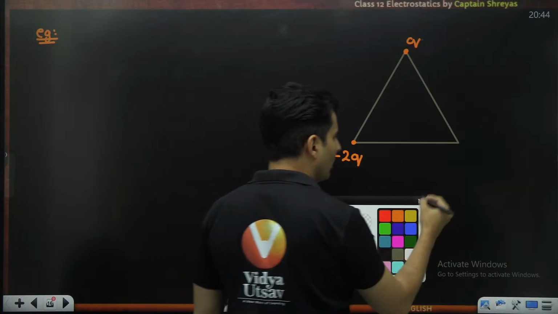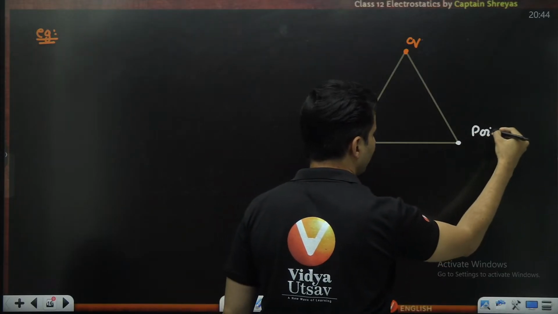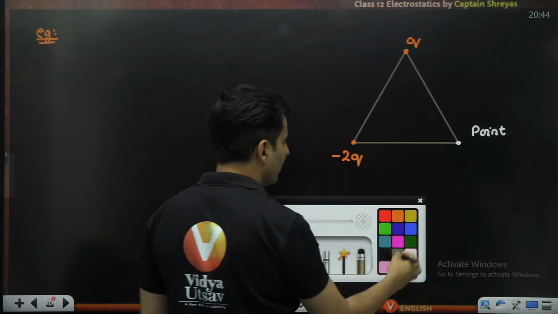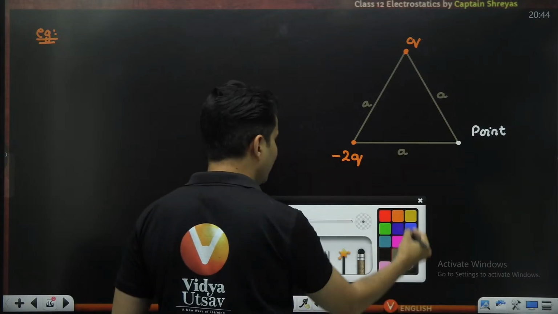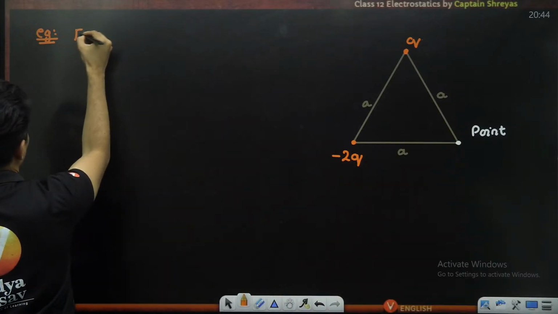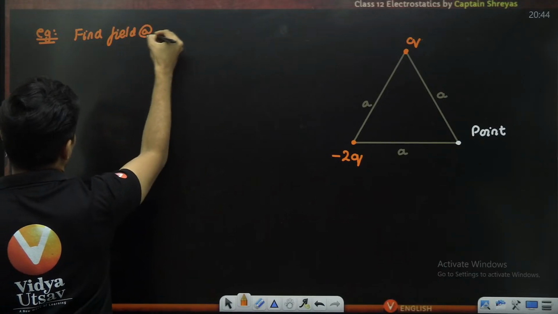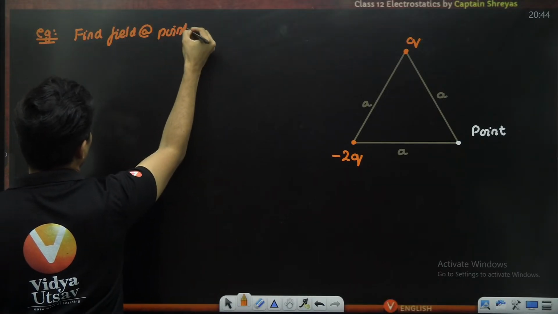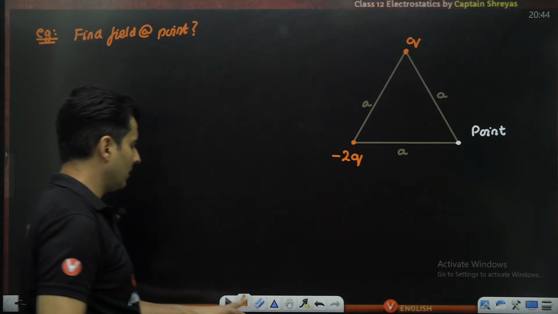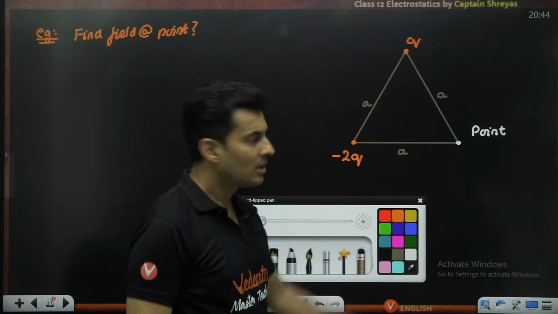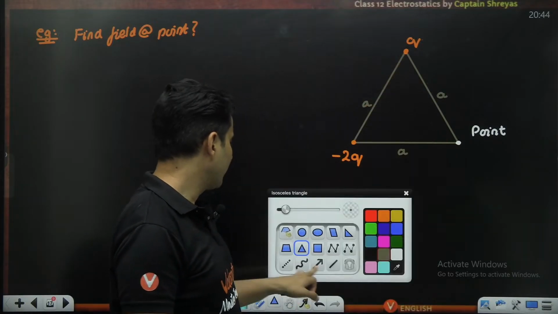And we want to figure out at this particular point, given that this side length is A, what is the field at that point? Find the field at the point which has been marked on that triangle vertex. Okay, let's start. First things first, this charge at this point will definitely give an electric field.